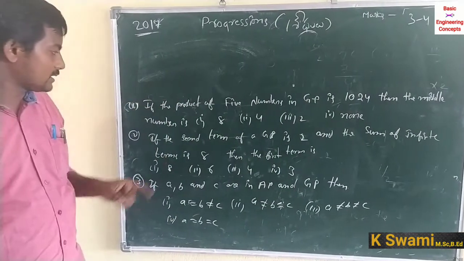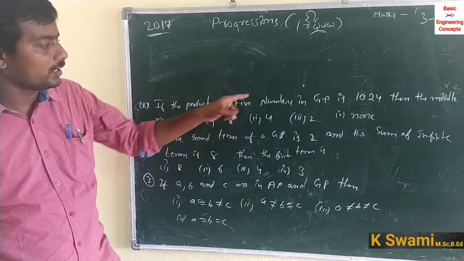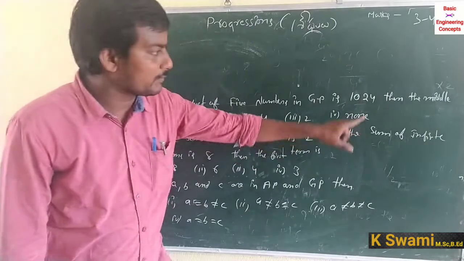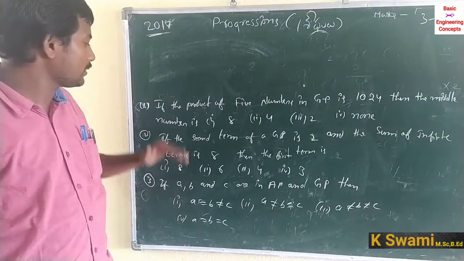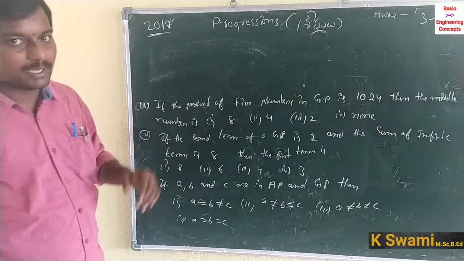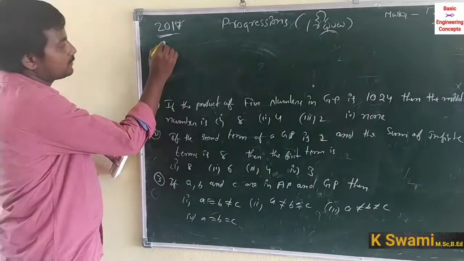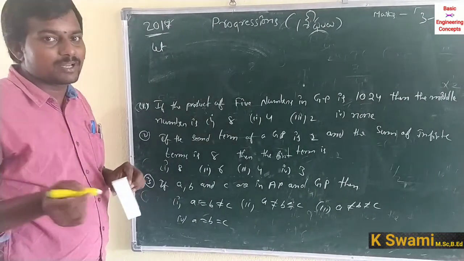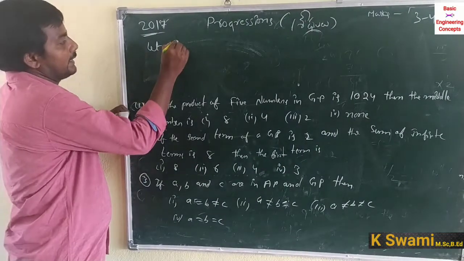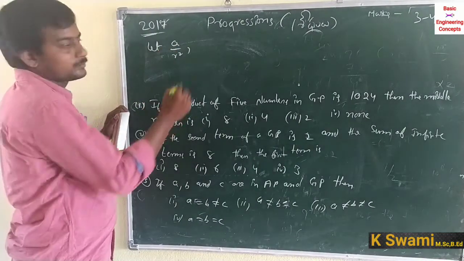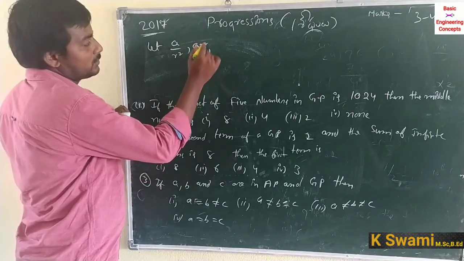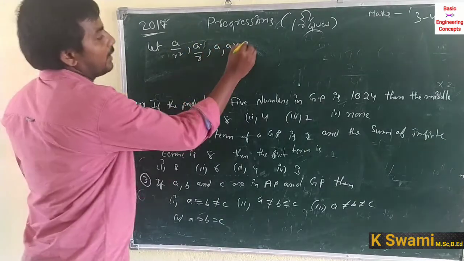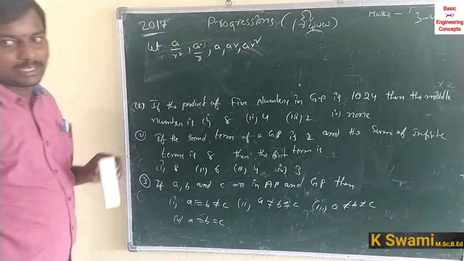The first question is: if the product of 5 numbers in GP is 1024, then the middle number is. So let the first 5 terms in GP be a by r square, a by r, a, ar, ar square.